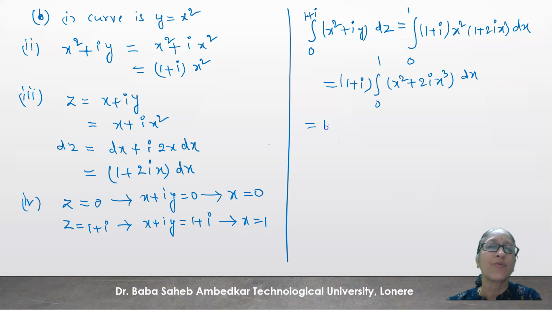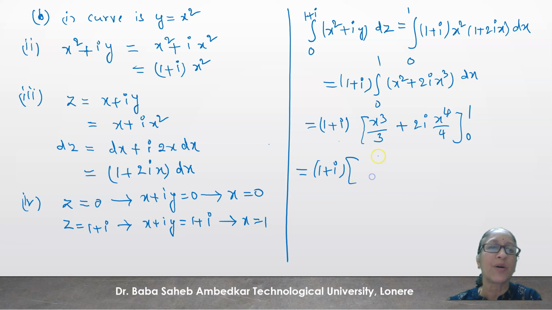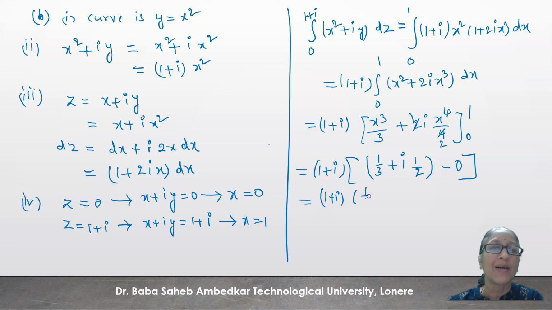So this is equal to (1 plus i) into [x cubed by 3 plus 2i x to the power 4 by 4] under the limits 0 to 1. That is (1 plus i) into, if you apply limits, 1 by 3 plus, here you can cancel these two, i into 1 by 2, minus, if you put x equal to 0, you get 0. That is (1 plus i) into (1 by 3 plus i into 1 by 2).